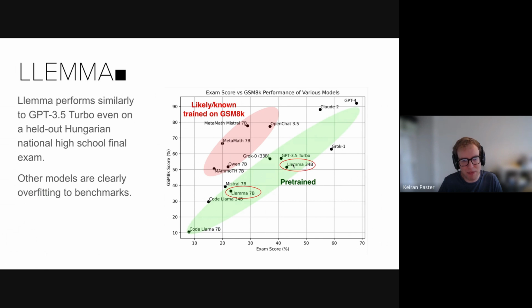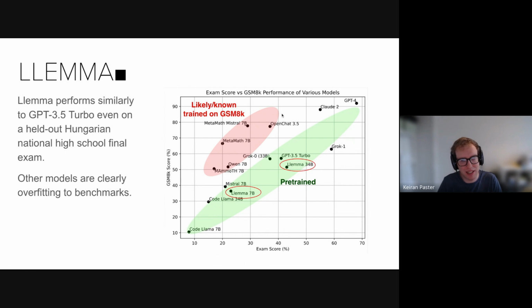And you can see that Llemma actually appears to compete quite well with GPT 3.5 Turbo, which is really cool. It's not just getting the same benchmark scores on GSM-8K, but when you give it a completely held out exam, Llemma 34B with zero post training is competing with GPT 3.5 Turbo.